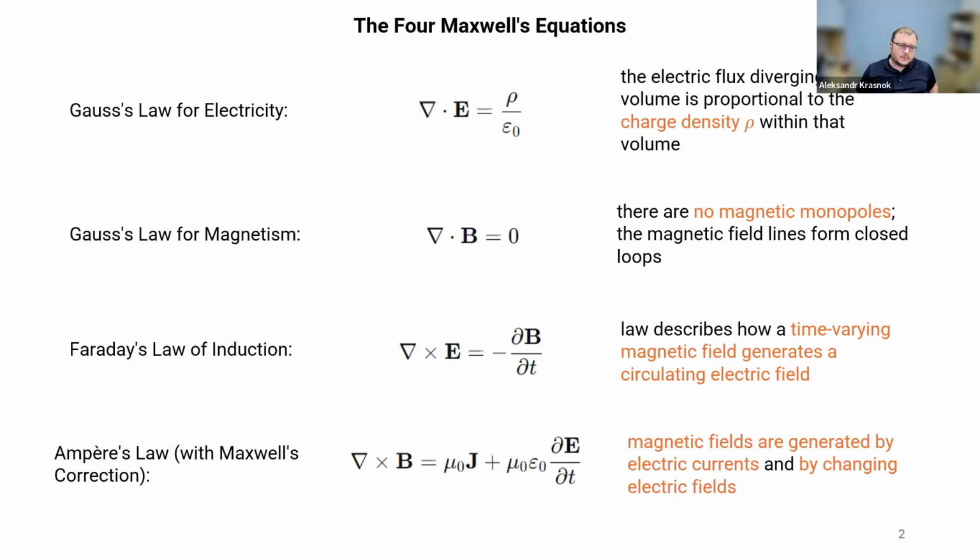And there is a similar equation for the magnetic field. The change of the electric field in time, as well as the current of electric charges, electrons for example, creates the curl of the magnetic field. This is the magnetic field that always exists around any current.